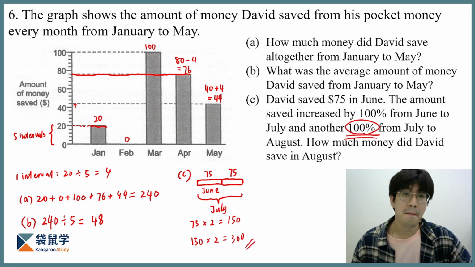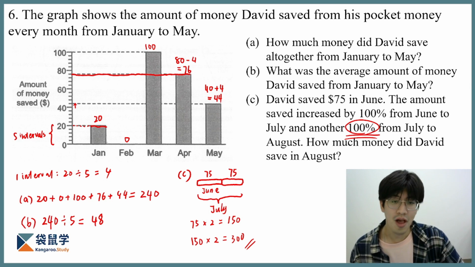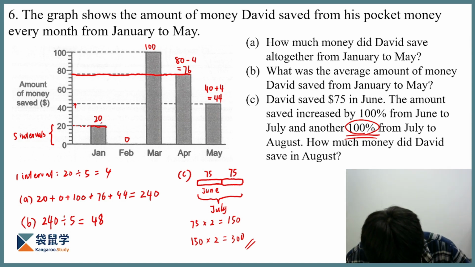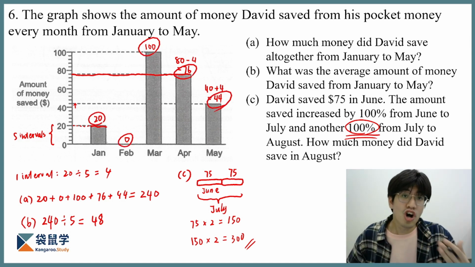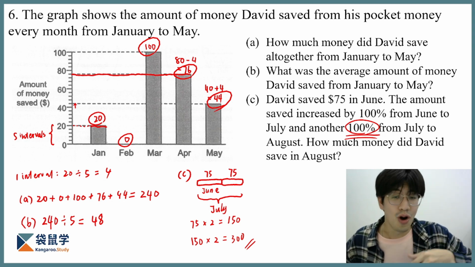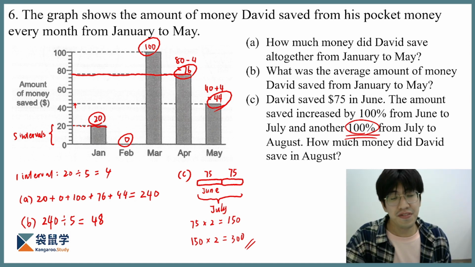And that's part C. So the next time you see a bar graph, what I can suggest is that you first label out the value of them. Because in most cases, you will have to work out all these values at the end. So you might as well just write them as you read through the questions.